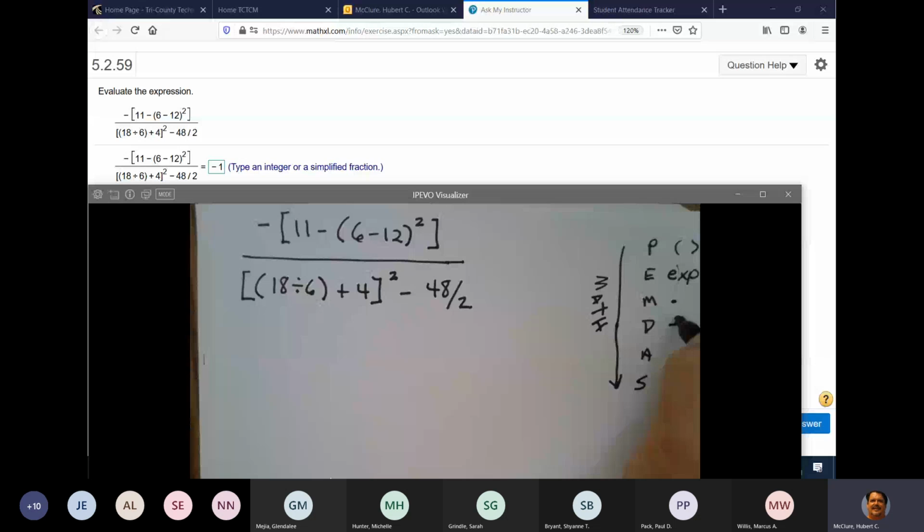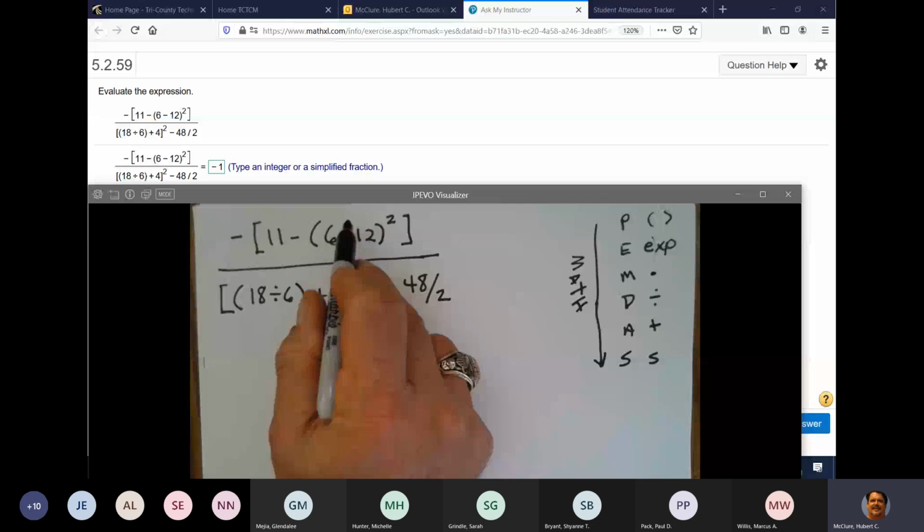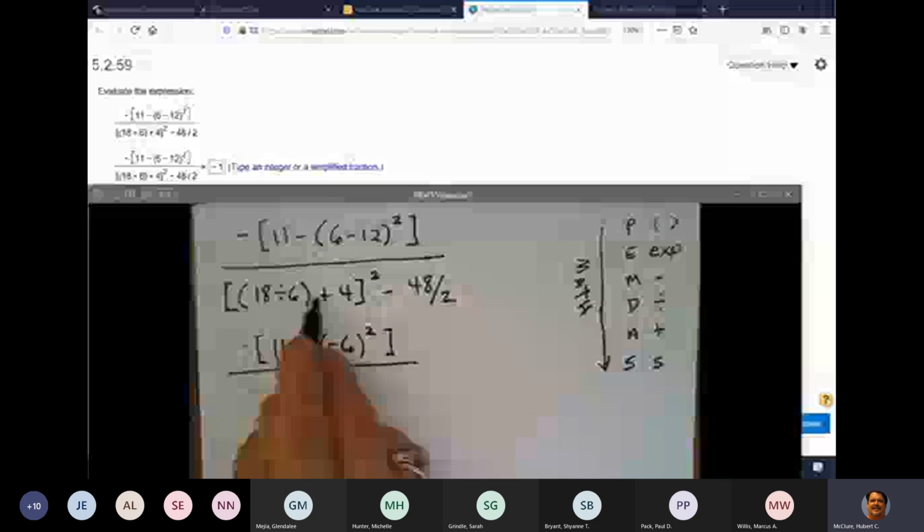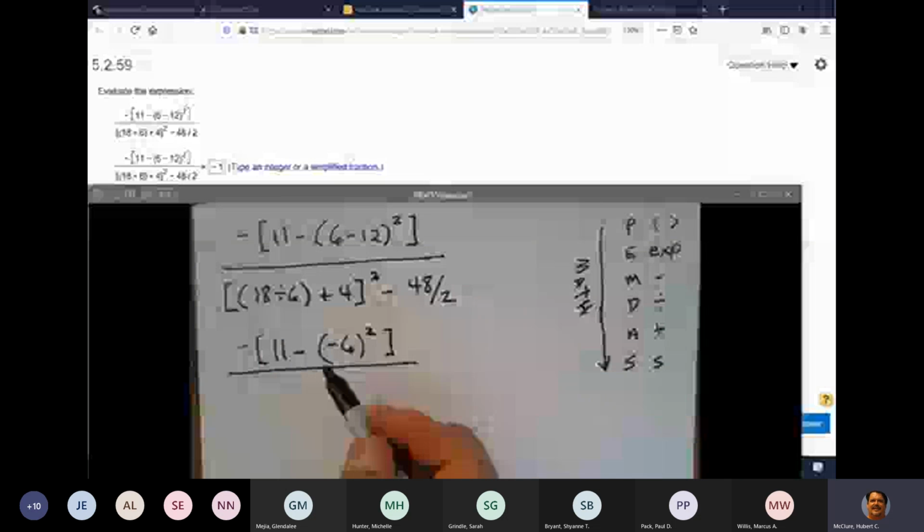So I'm going to do the parentheses first. 6 minus 12. So negative brackets 11 minus, 6 minus 12 is negative 6, over, we could do a little bit down here, as long as we don't do it all at one time, and that's okay. 18 divided by 6.